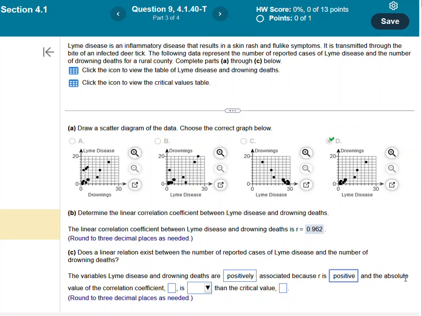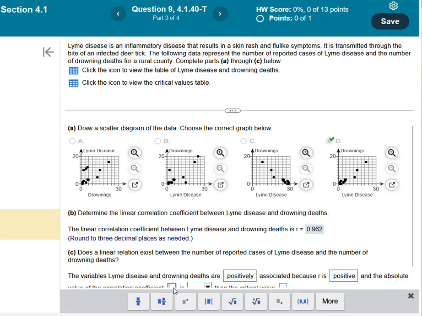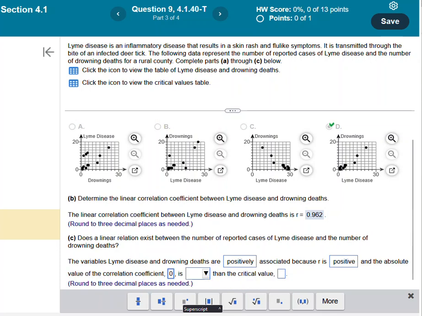And when you think about its absolute value, since it's positive, it is already its own absolute value. So that's what goes here, 0.962. The absolute value of the correlation coefficient in this case is just 0.962. Had it been negative, we would have removed the negative sign to obtain the absolute value.